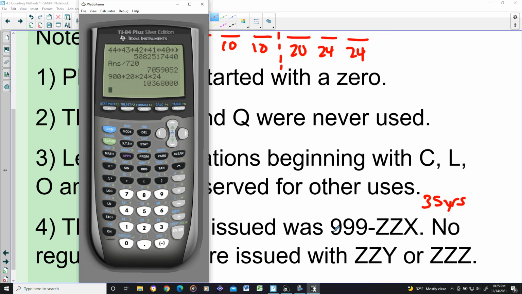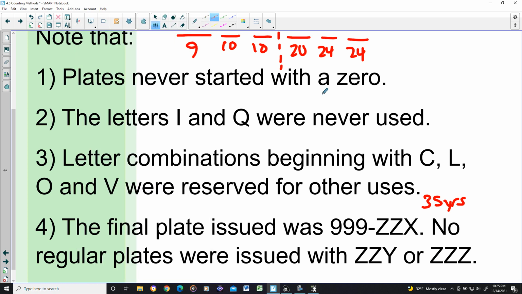Last piece of information. ZZX, so nothing there, but ZZY and ZZZ were not allowed. So the thing is, why does that change anything here? And the answer is no, because this only pertains to the one case where you have two Z's. So Y and Z were used many times as the last letter, but only the case of ZZY and ZZZ are ignored.